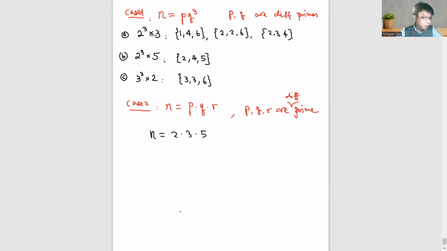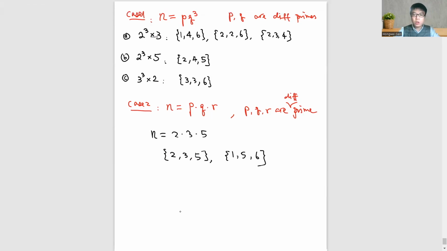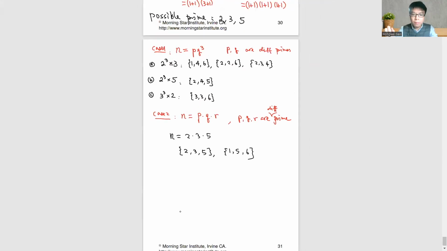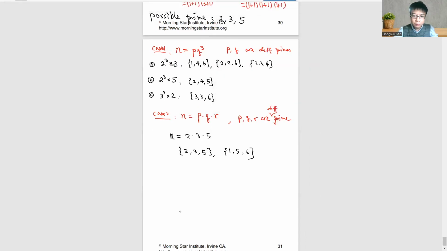That's the only possibility. And there are 2 possibilities to get this product, either 2, 3, 5 or 1, 5, 6. So now we have listed all the possible scenarios.